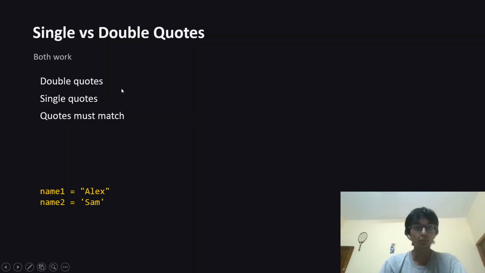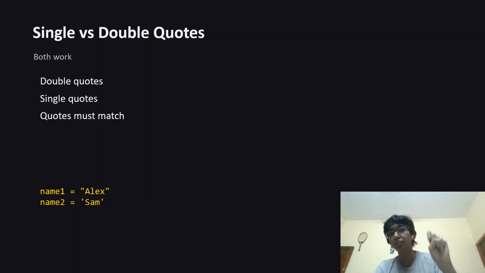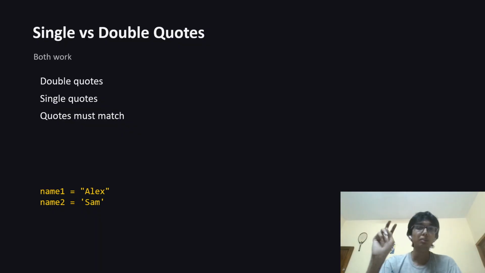Going to single versus double quote. I remember telling you all in the first or second lecture that you can use either single or double. Both work. It doesn't matter whether a double quote or a single quote is used, as long as it's closed. If you start a single quote, it must be closed.